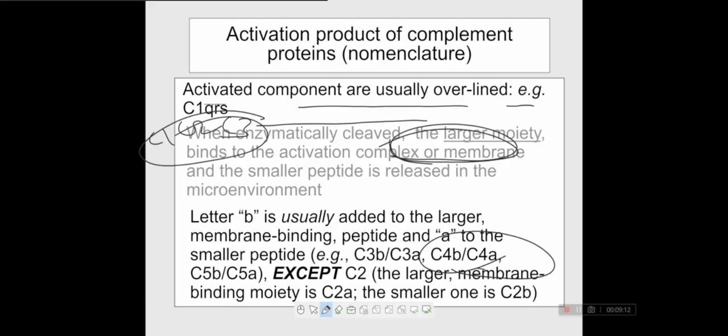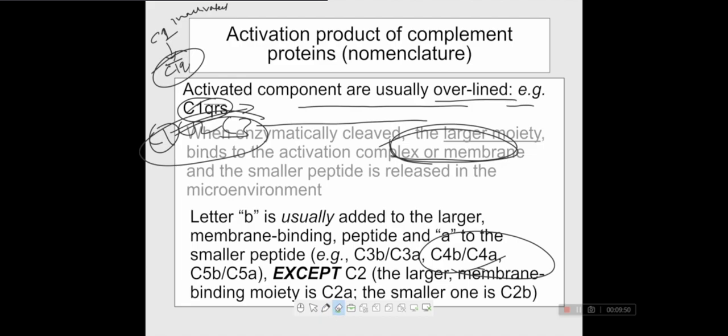When they are activated, a line is present over them, which means they are activated, for example C1QRS.